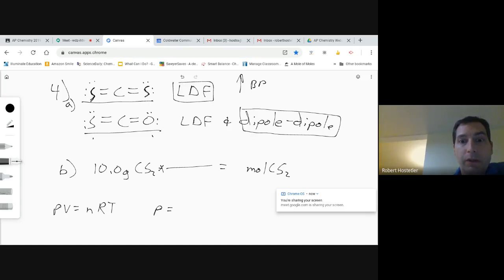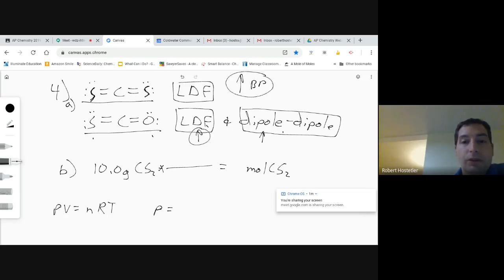But remember, the London dispersion forces are always there as you move up from lower to higher strength intermolecular forces. The lower ones still remain. So this actually has both. So you would expect it to be the higher boiling point, to take more strength to separate. But they're saying that that's not true.